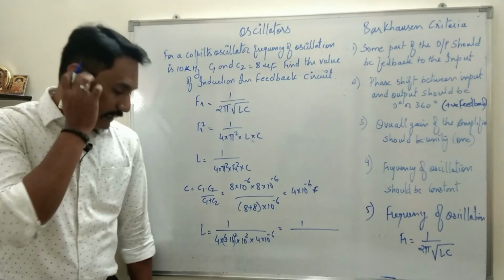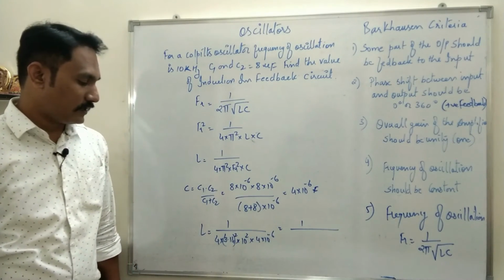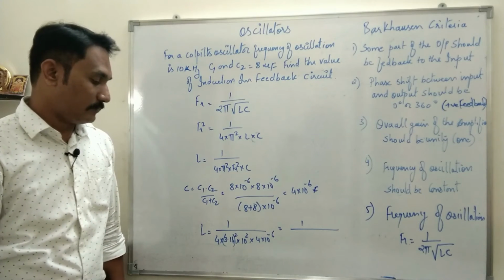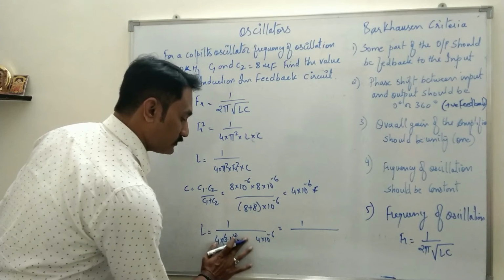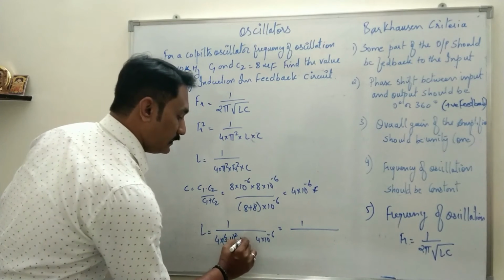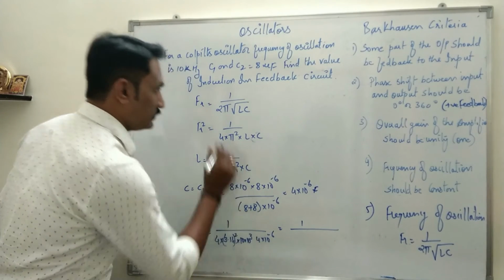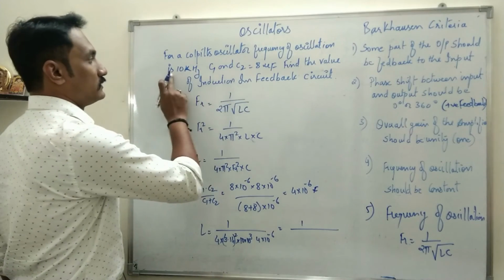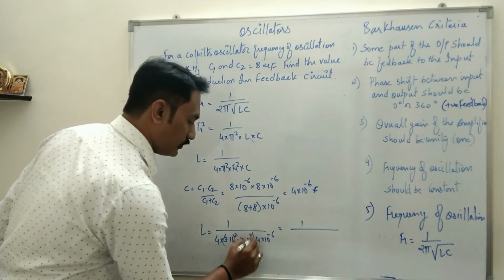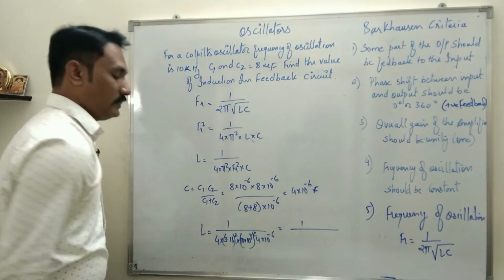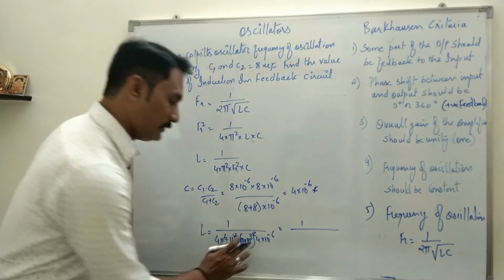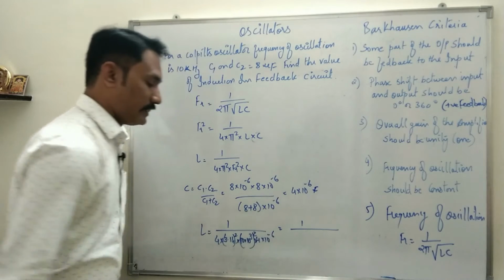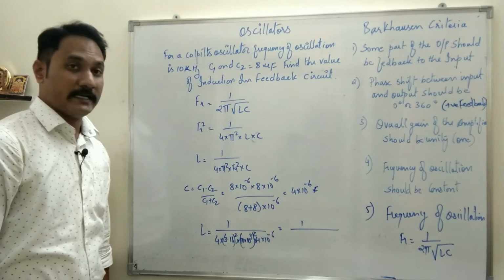So if you calculate 4 into 3.14 square, 9.86 something, multiplied by 10 square, 10 kilohertz. Okay, so I'm very sorry, it will be 10 into 10 to the power 3. Frequency of oscillation is 10 kilohertz. So 10 into 10 to the power 3 whole power 2, which will be the square, and then 4 into 10 to the power minus 6.